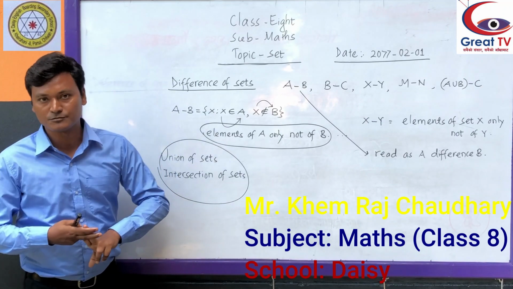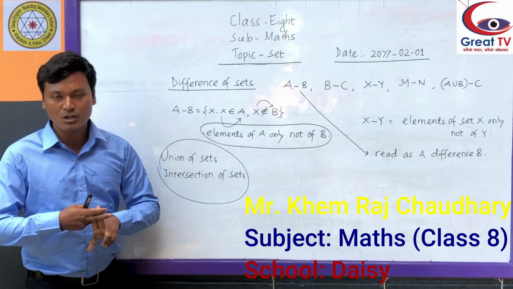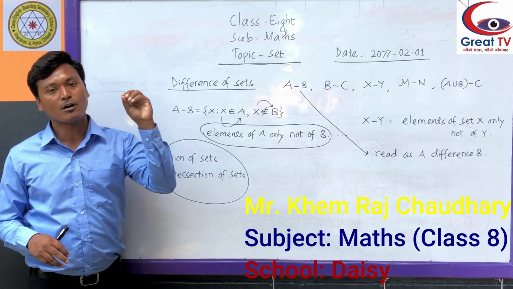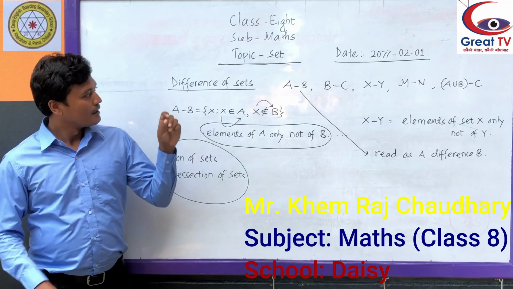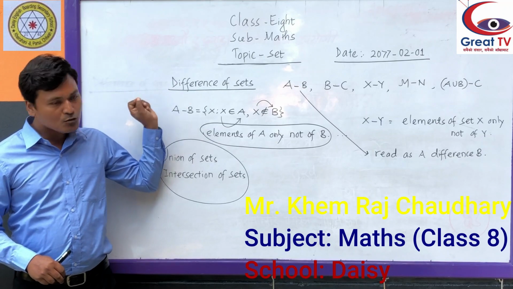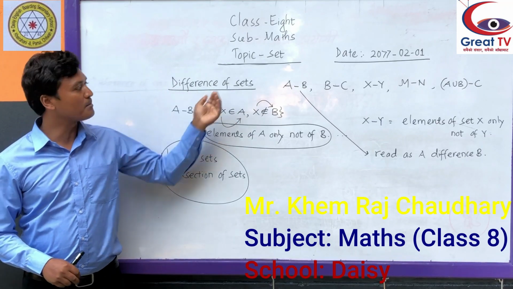After that we have to read how to solve some word problems using the cardinality relation of sets. But today our topic is how to find the difference of sets from the topic sets.